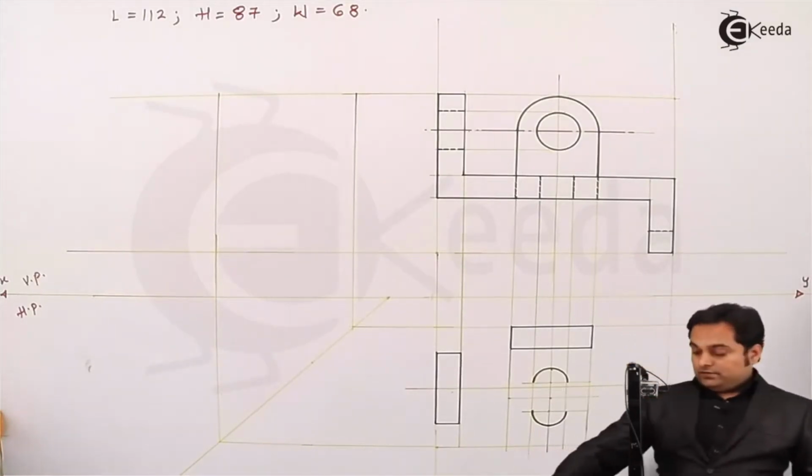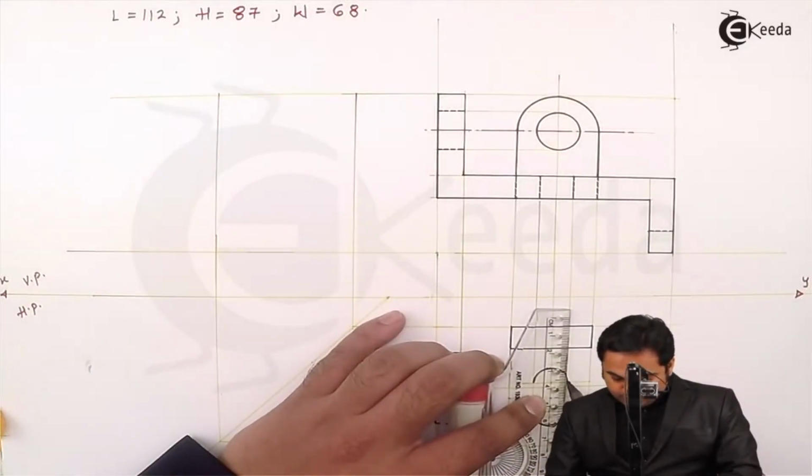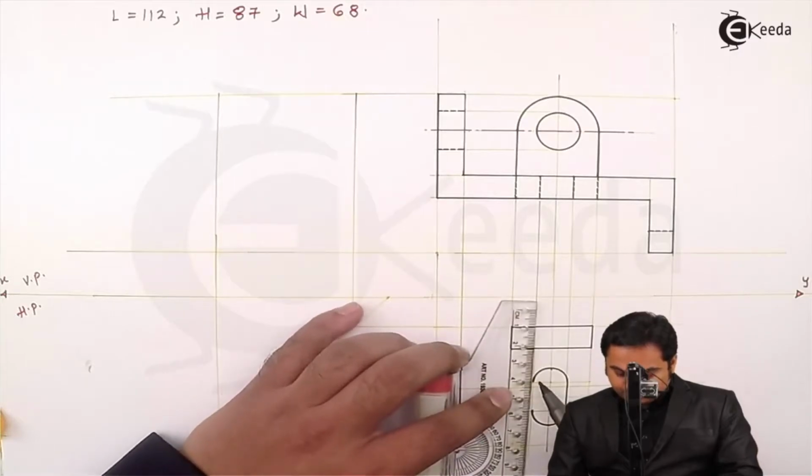Then these semicircles are being joined with the help of a dark line.